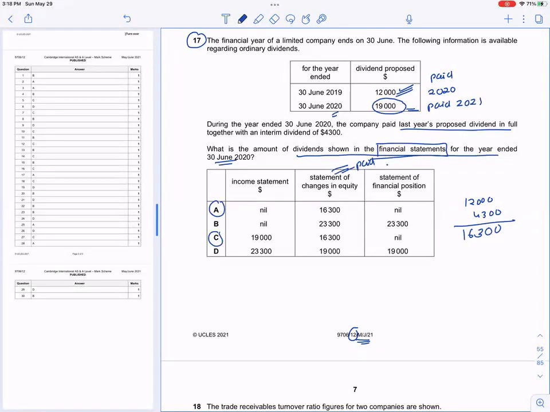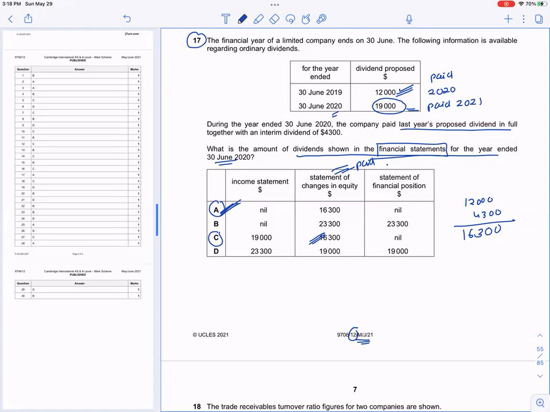This answer is wrong, right? The one that they've given in the MS. No, it's correct. In the income statement, there will be nothing.